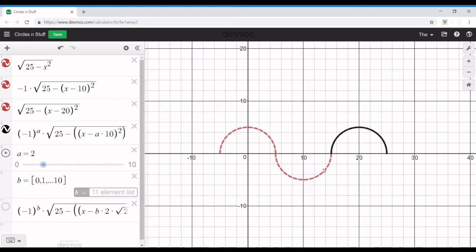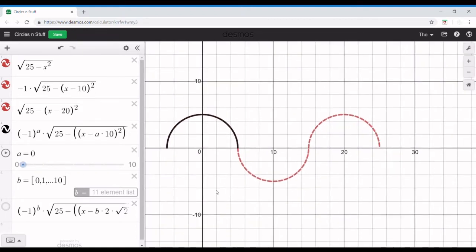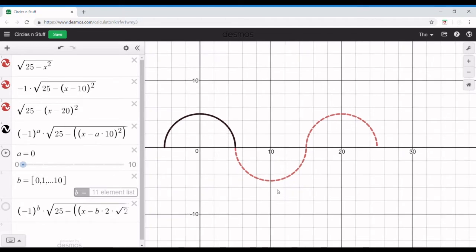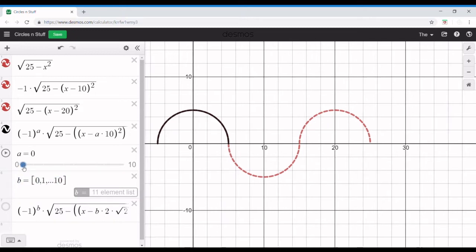Pretty cool, huh? We'll zoom out so we can see more of it. Alright, so that's pretty neat. Now, all that we have to do is establish a list here in Desmos, and then copy this function and replace a with b as we've defined it here, as this list of several values.